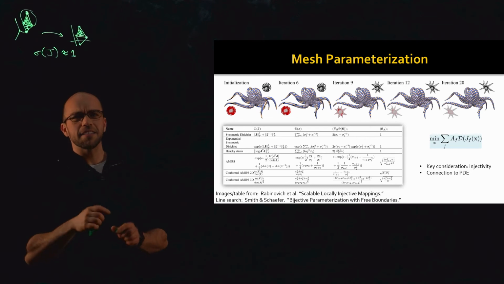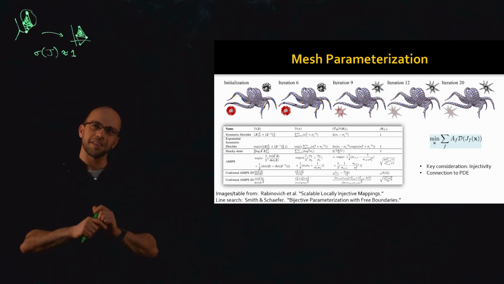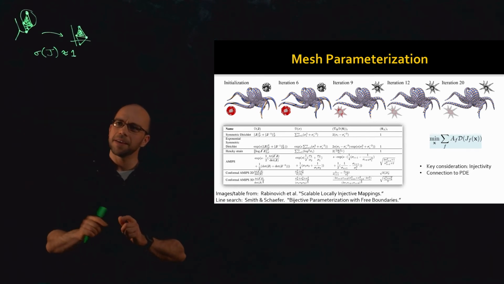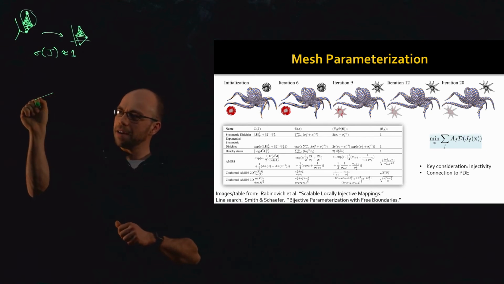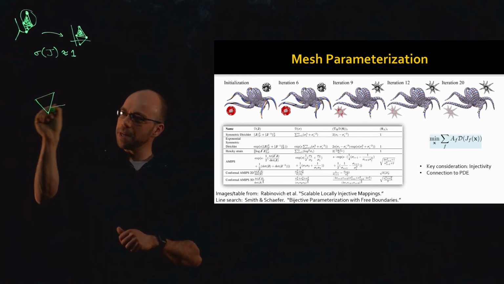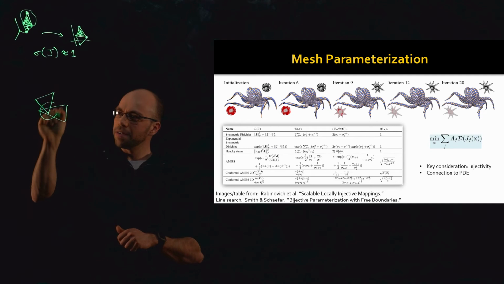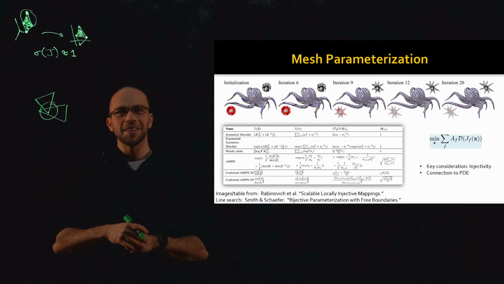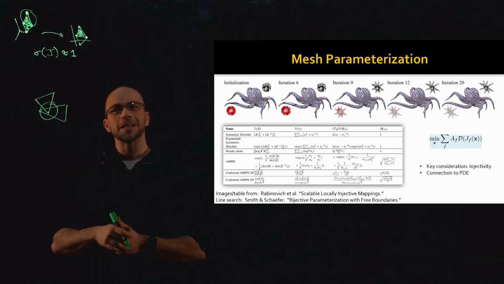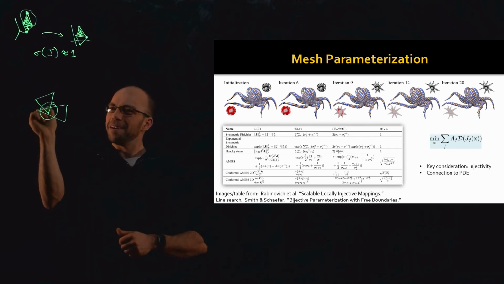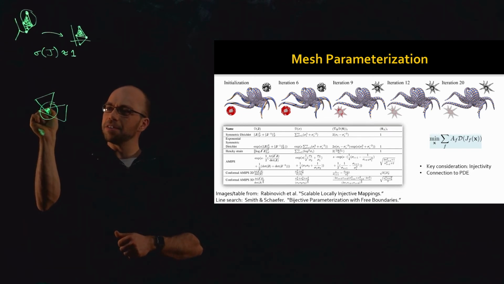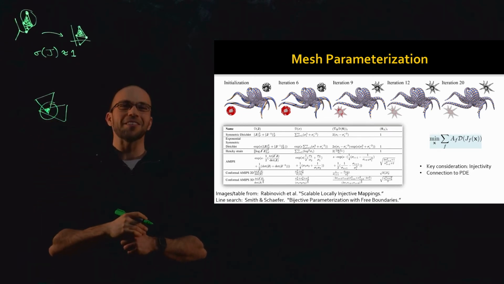There's one key consideration that we're not going to cover in this course, which is injectivity, which is to say that if I have a parameterization of a triangle mesh and two triangles share some piece of the plane, the whole parameterization is garbage, because then my texture map ends up applying to two different parts of my triangle mesh, which is no good.